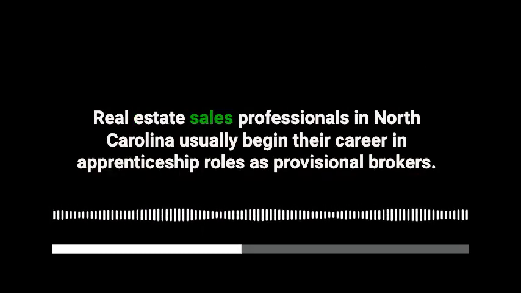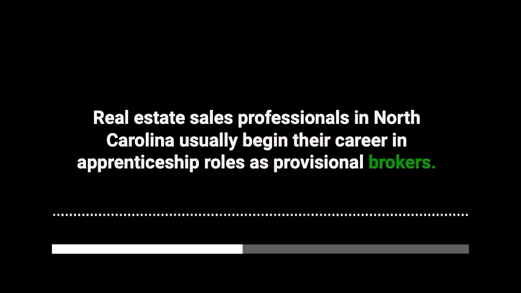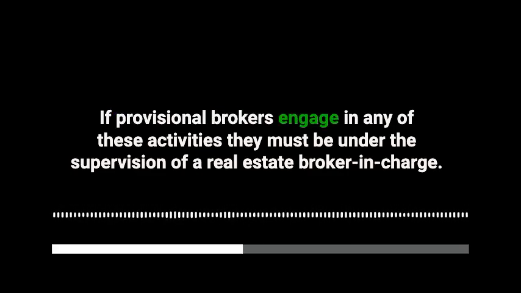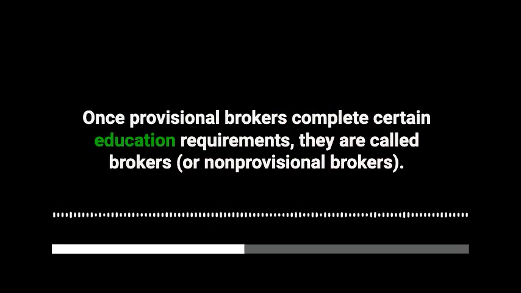Real estate sales professionals in North Carolina usually begin their career in apprenticeship roles as provisional brokers. If provisional brokers engage in any of these activities, they must be under the supervision of a real estate broker in charge. Once provisional brokers complete certain education requirements, they are called brokers.